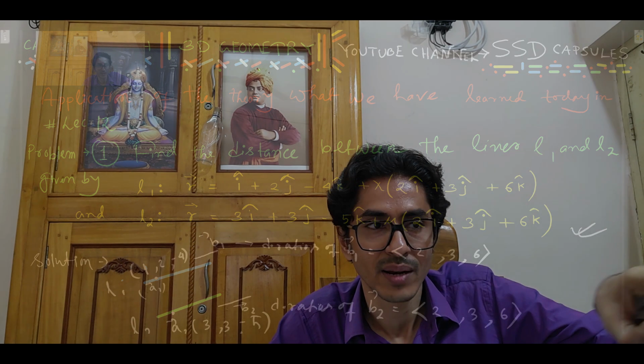Now B1 vector and B2 vector are two vectors whose direction ratios are the same. We know from lecture number 1 that parallel lines always have the same set of direction ratios or direction cosines, that is, they are proportional to each other. So B1 vector and B2 vector are parallel.